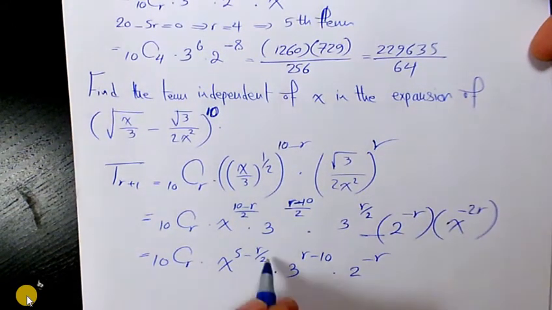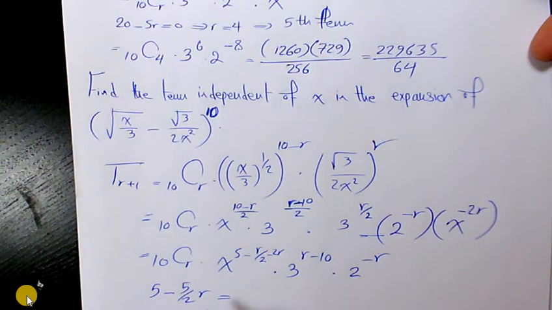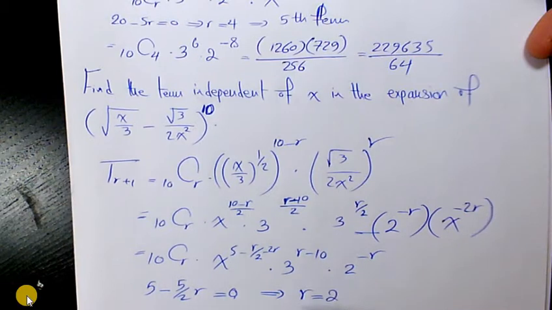And here you have negative 2r. So 5 minus 5 over 2 r equals 0. It means that r is 2.